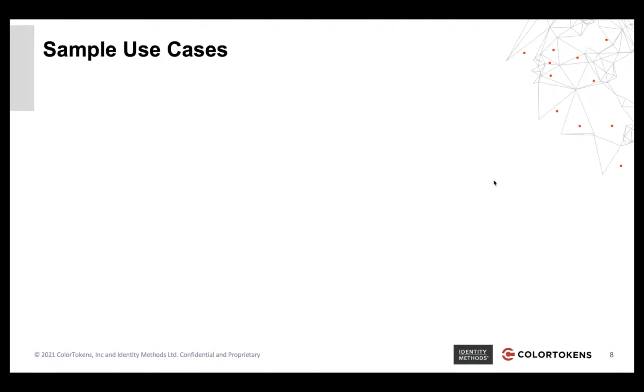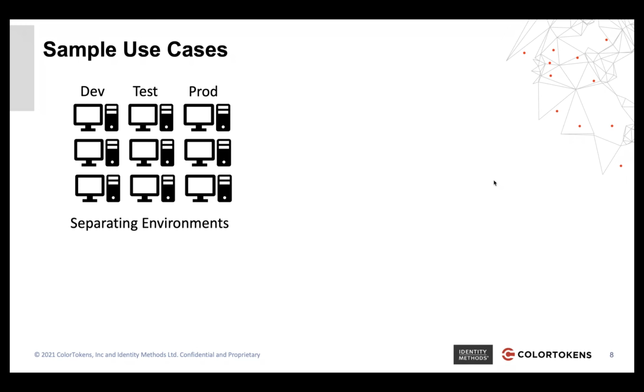So with that, I wanted to run through some sample use cases that you may experience out in your estate. The first is something called separating environments, or environmental separation. So this could be that as you start to look at your development, test, and production systems, you realize that actually they have open connection points between them.